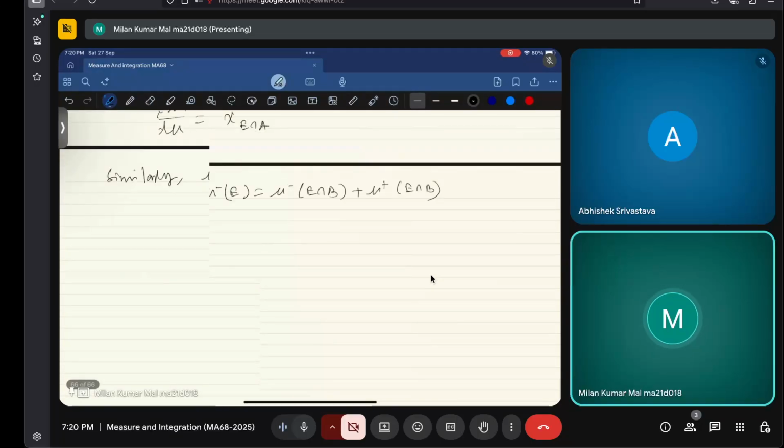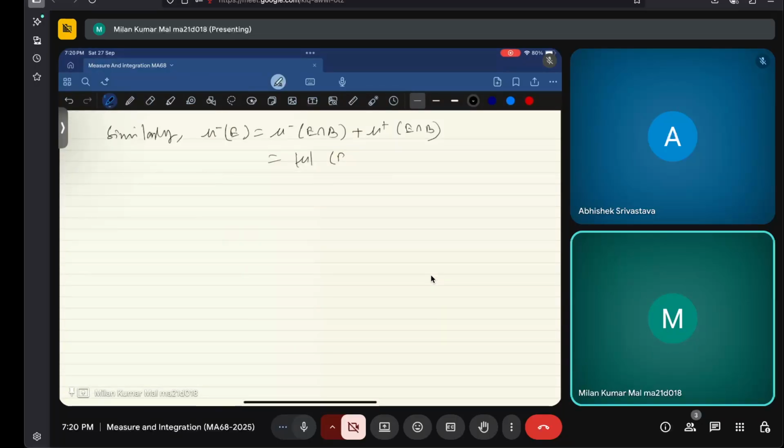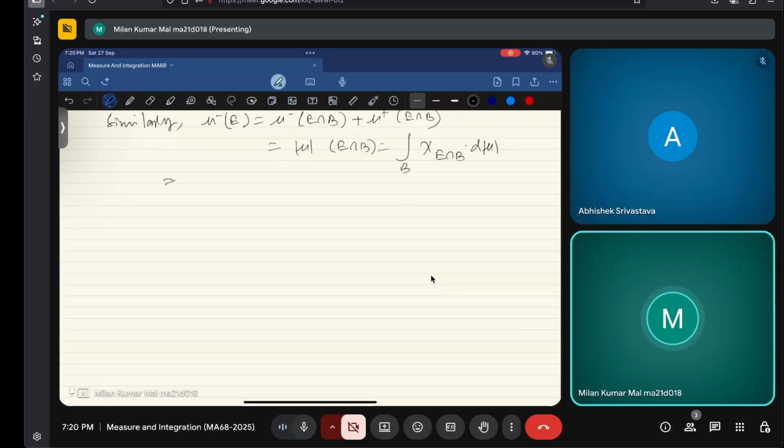So this will give mod mu of E intersection B, which is equal to the integral over E intersection B of the characteristic function with respect to d mod mu. So that means d mu minus by d mod mu is equal to the characteristic function of B.